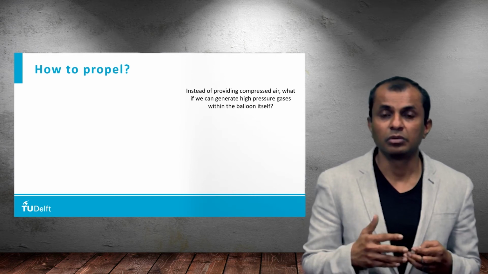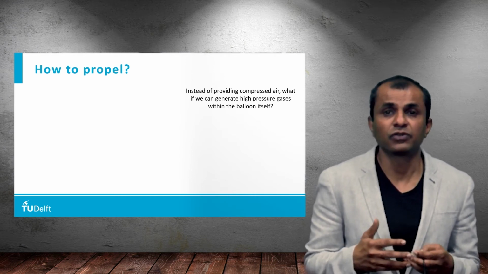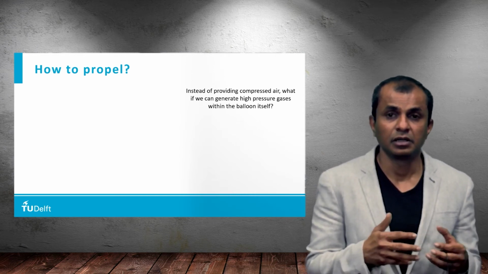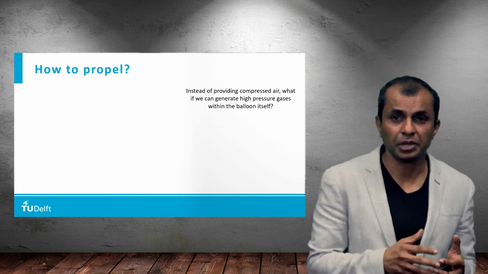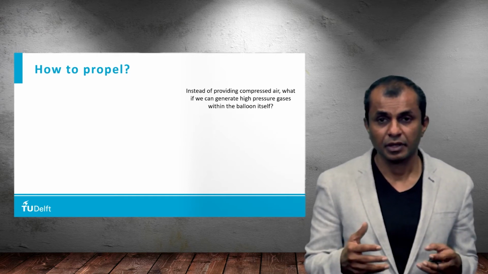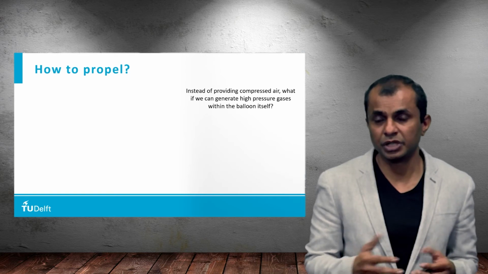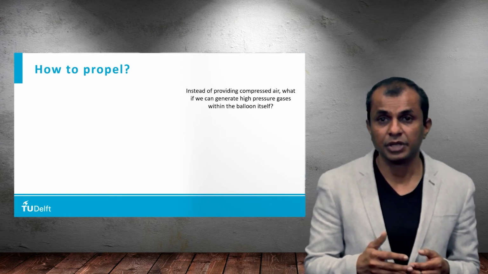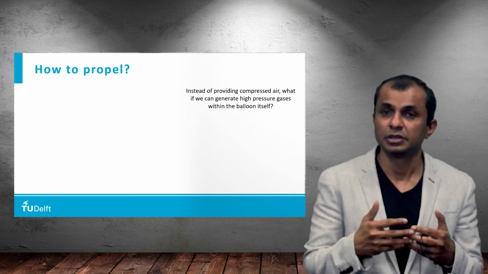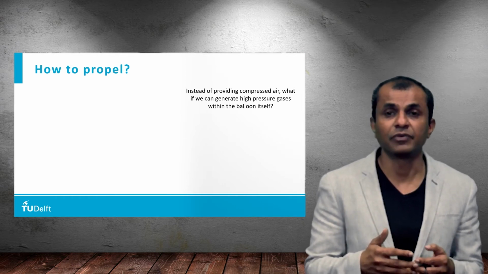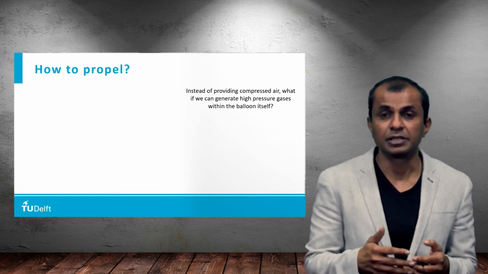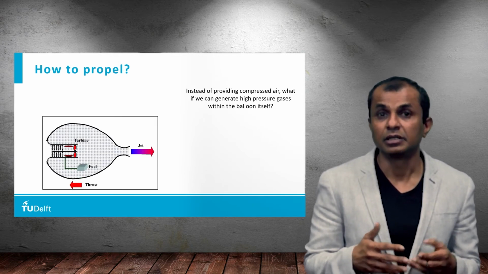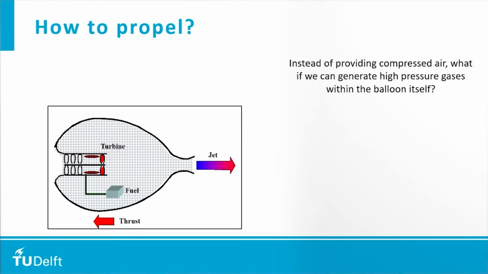So what if we carry a bit of fuel, and put a combustion chamber between the compressor and the turbine and burn this fuel in this combustion chamber? The compressor compresses the air, takes it to a higher pressure, to the combustion chamber where we burn a bit of fuel, and this high pressure, high temperature air then drives the turbine.